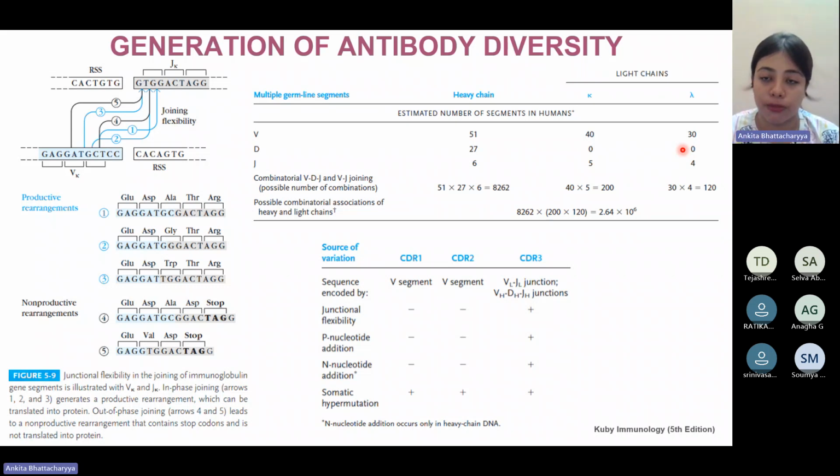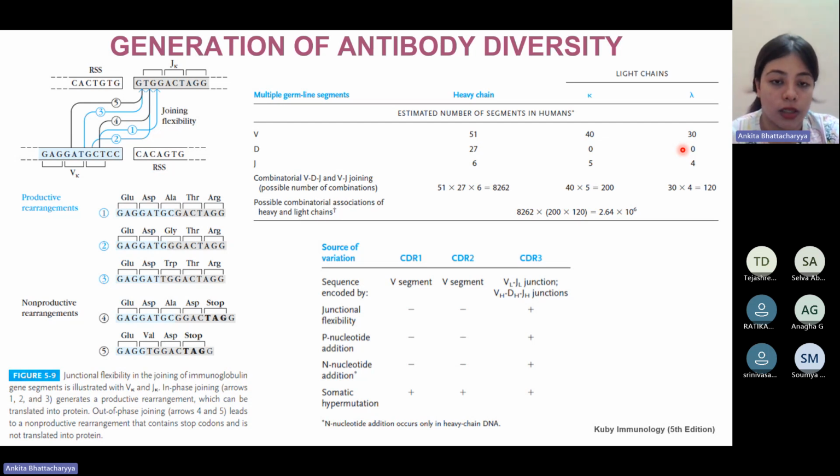For each of the subtypes, you can see that there is a difference in the numbers generated. That is showing approximately 8262 combinations for just the heavy chain by itself, and approximately 200 and 120 for the light chain by itself. Taking all into consideration, you are seeing a number of possible associations. But that also is not enough. There is even more diversity that is brought about, which is something we'll come to in the next few slides.